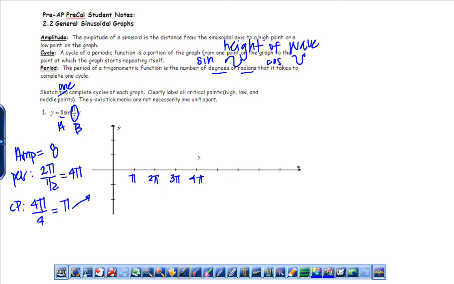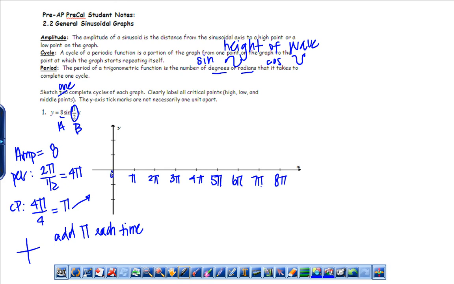So I'm just adding pi every time. Now, why do I divide by 4? Because I have 4, you can think of 4 quadrants or 4 quadrantal lines. That's where I get those. There's 4 of these. Okay, you can keep going if you want to do all of these. 6 pi, 7 pi, and 8 pi.